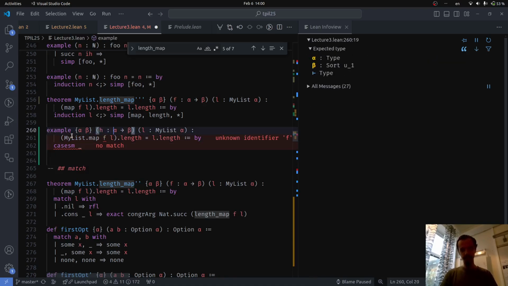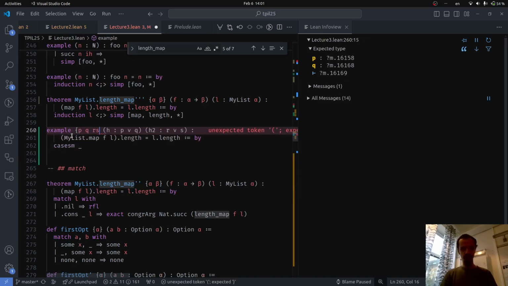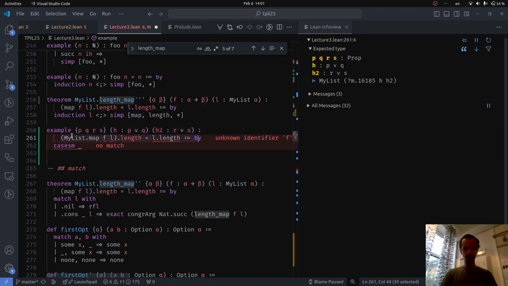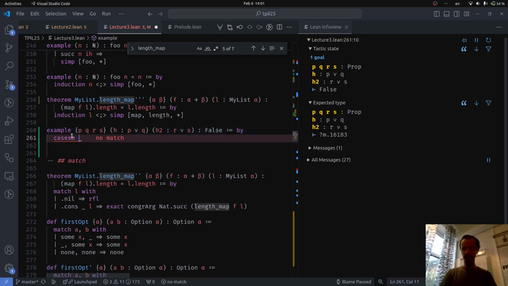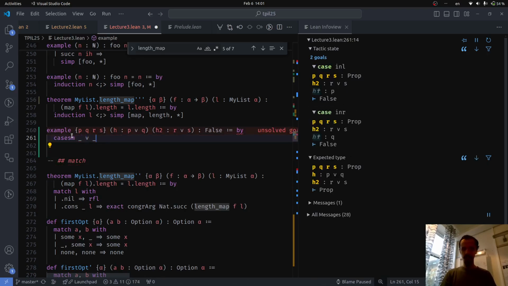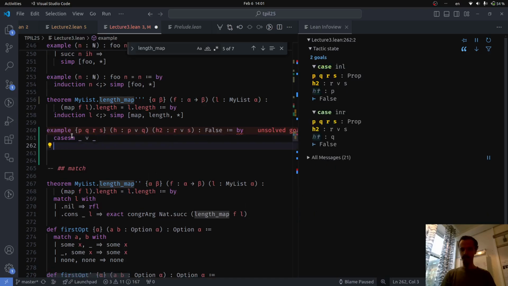Let's say that I have H is something we can't prove, and then does this work? It does not work. Does this work?